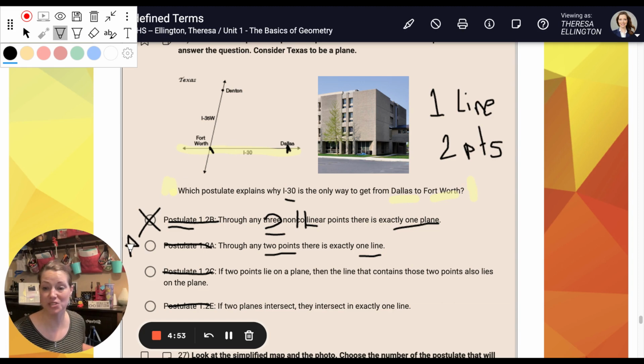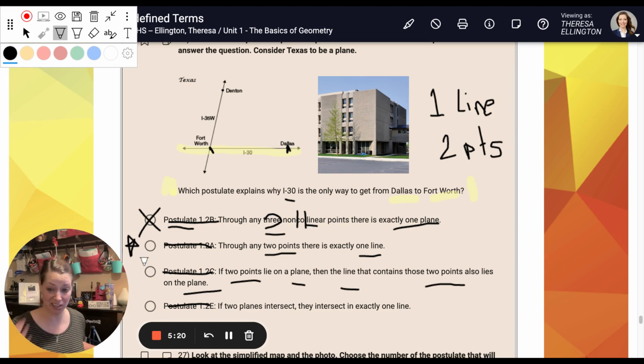Remember, with multiple choice, we still check all the rest of the answers, just to be sure. If 2 points lie on a plane, then the line that contains the 2 points also lies on the plane. Now, while this does have 2 points and 1 line, which matches our question, it also mentions a plane. And we don't have a plane in our question, so this one's wrong.